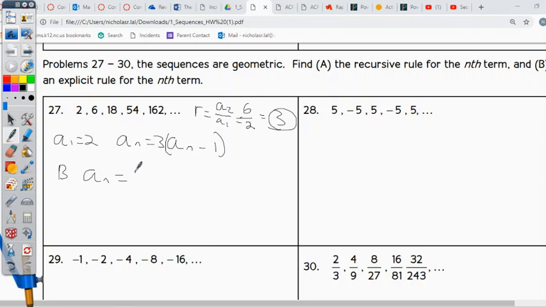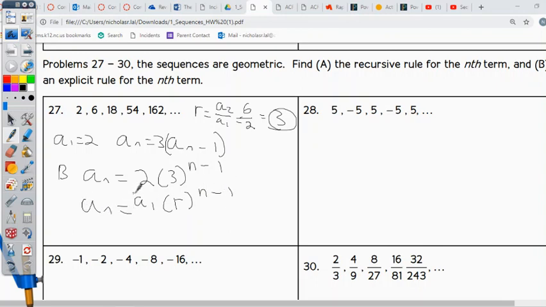You do 2 times 3 to the n minus 1. Alright, so that's A1 times R to the n minus 1. That's what AN is equal to.